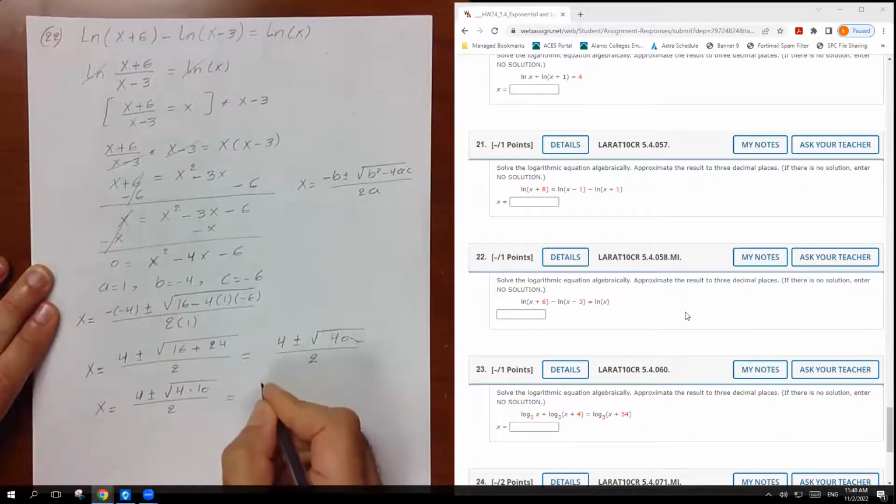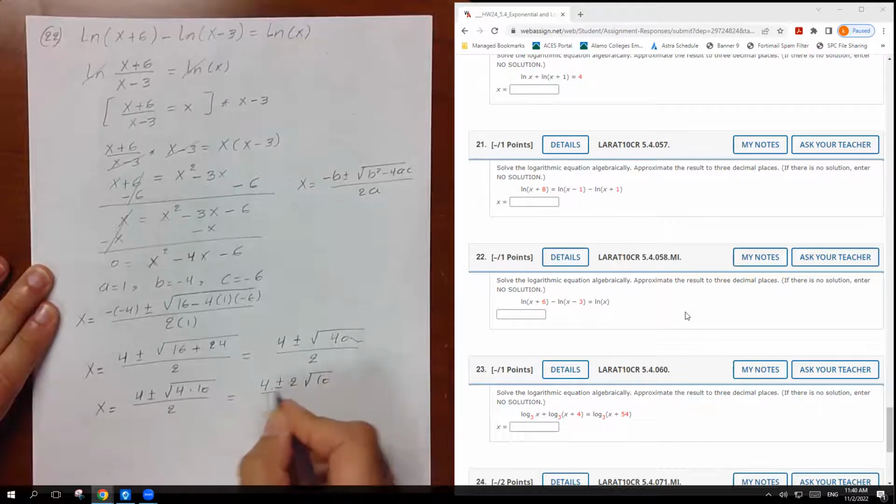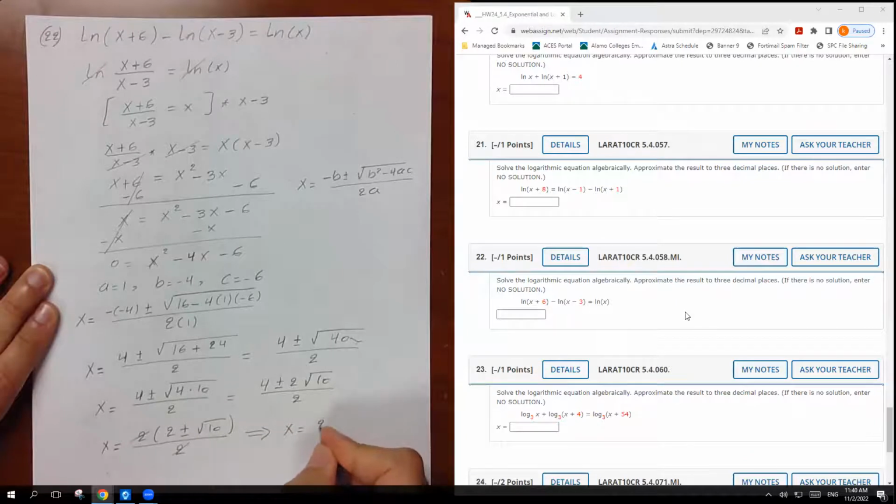And this one is going to be equal to 4 plus or minus 2 square root of 10, divided by 2. Take the 2 as a common factor, so it's going to be 2 times 2 plus or minus the square root of 10, divided by 2. Cancel these. That means x is going to be equal to 2 plus or minus the square root of 10.